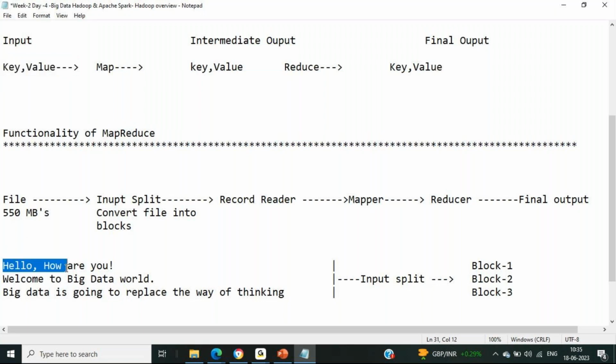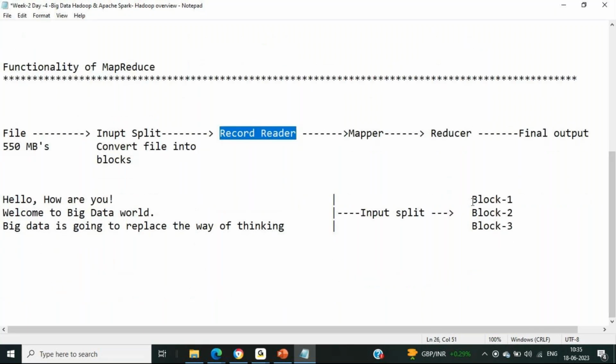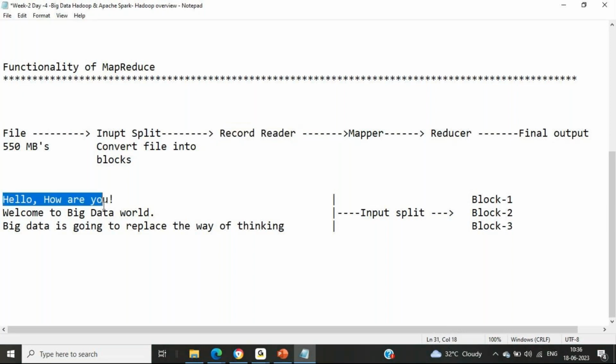So Hadoop has added another component called record reader. These blocks will be passed through the record reader, and the record reader is nothing but a random number generator. It is going to place a random number on each and every block.